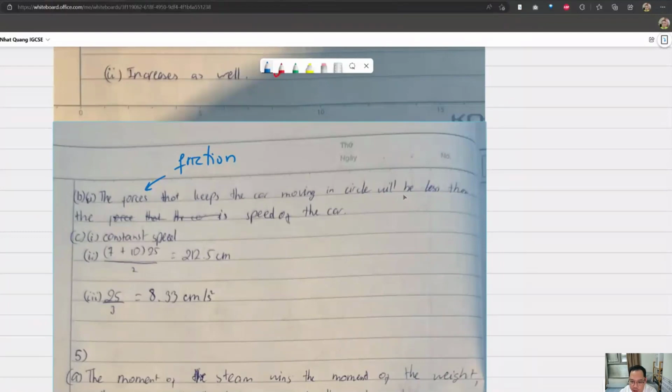So to keep the car moving in a circle, the friction will not be enough anymore to keep it from moving away due to its inertia.